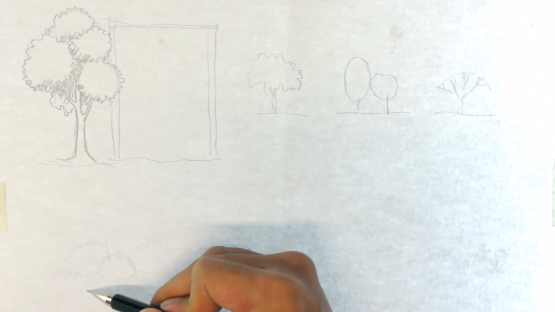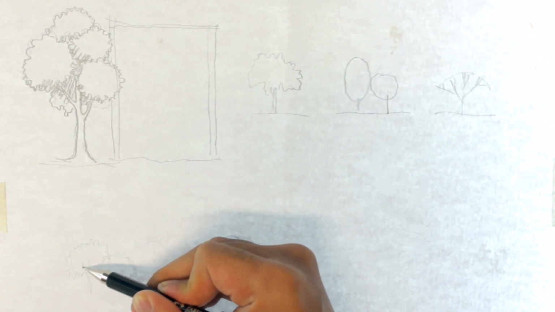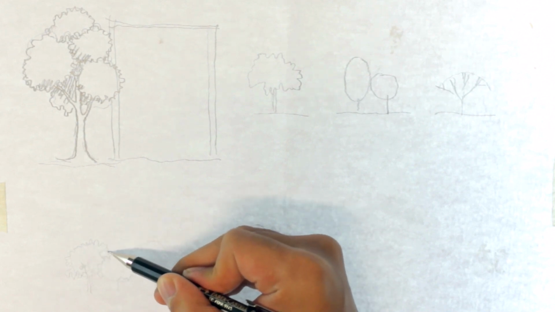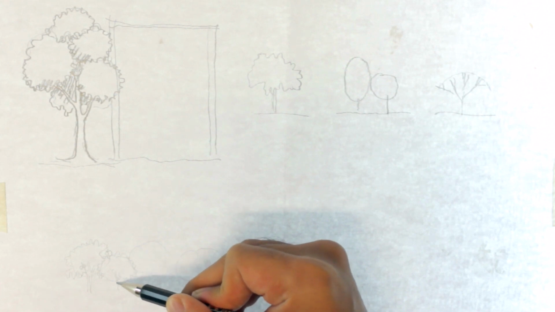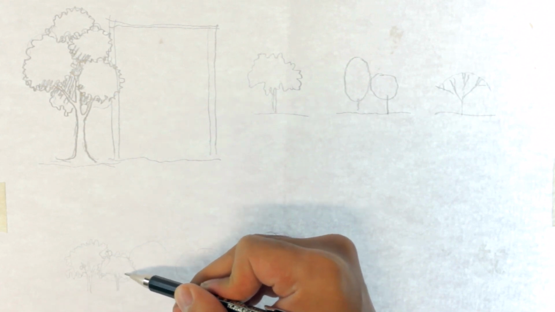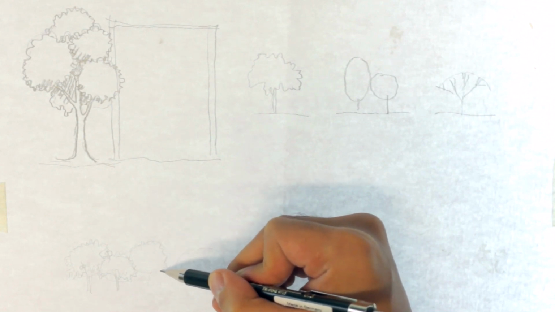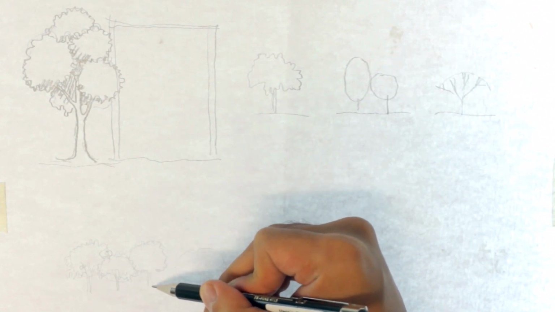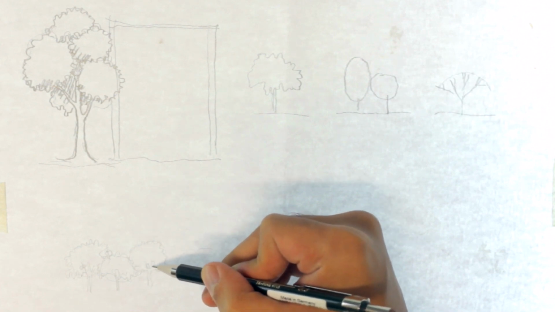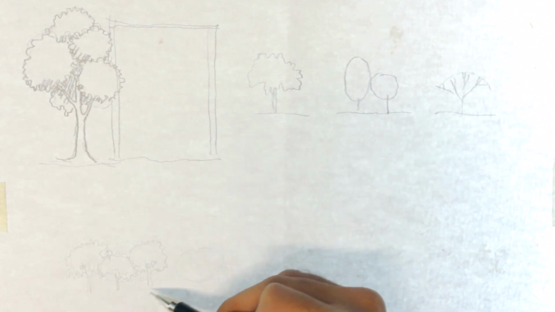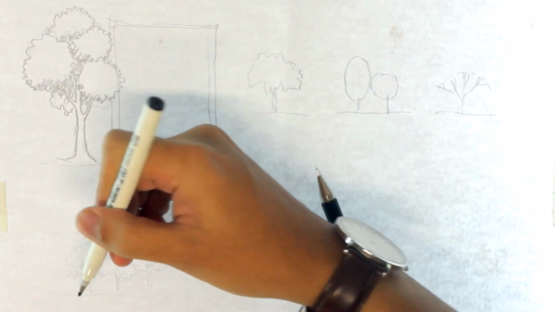You can also think about how branches might go into the trees, and little bits that poke out, to make it look a little more realistic in outline. So first, this is just a rough outline drawing of the trees. Okay, maybe something like that. Ground line.